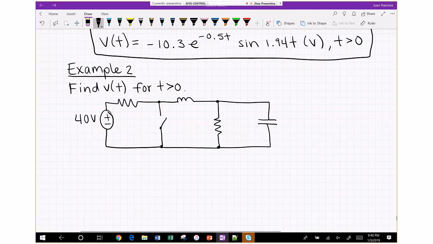A little different from previous examples, in this case, the switch closes at time 0.